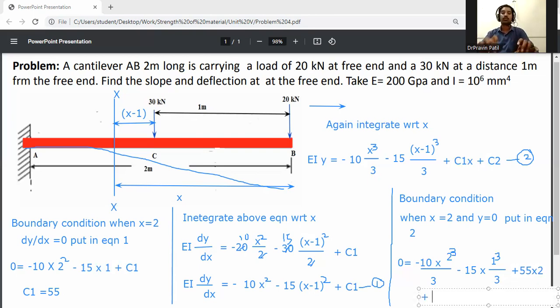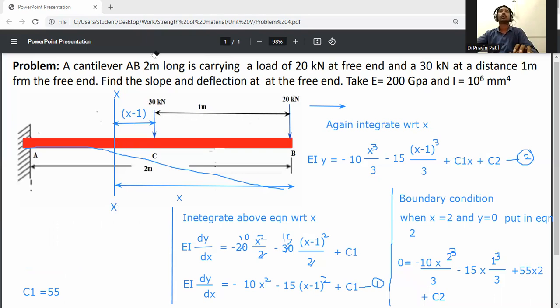Okay, from this relation we will get the C2 value.